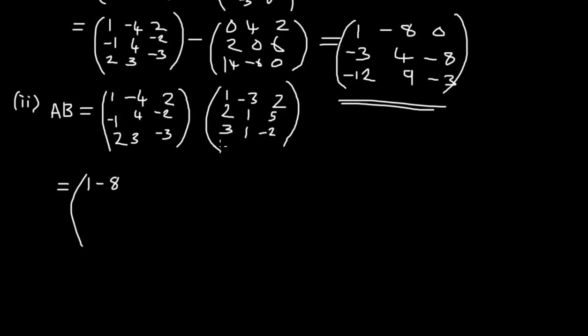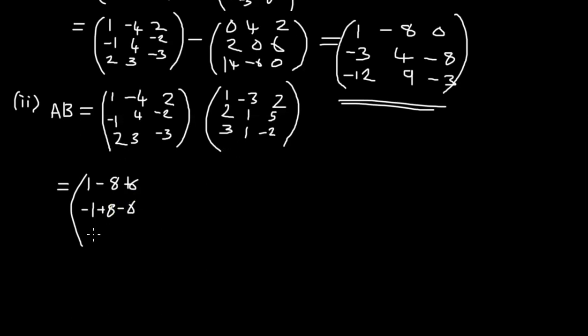Then 2 times 3, you get positive 6. You move on to the down part here. When you go on the second row, you also move to the second row here. So negative 1 times 1, you get negative 1. And then 4 times 2, you get positive 8. And then negative 2 times 3, you get negative 6.